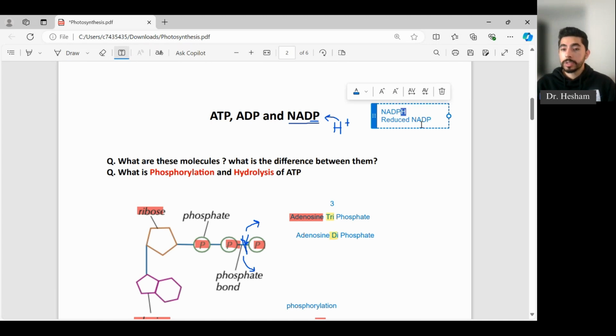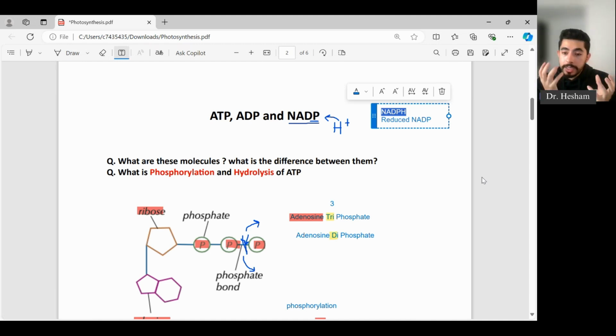And this reduced NADP or NADPH can go to different places, just like ATP. It can go to different places and release this hydrogen ion there. And when it releases this hydrogen ion, it helps a reaction happen. It releases energy. All right. So energy can be released from the release of hydrogen from NADPH, also called oxidation.